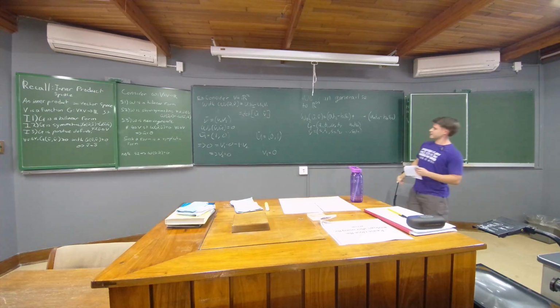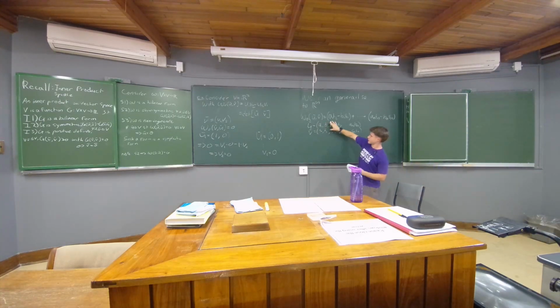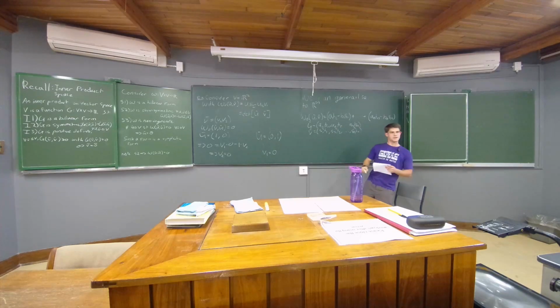So to again just highlight how this works, we're essentially grouping each part of these into a little 2x2 matrix and then taking the determinant like that.